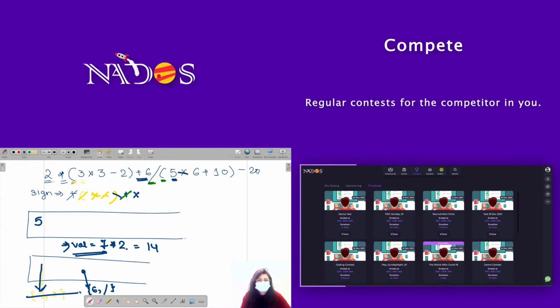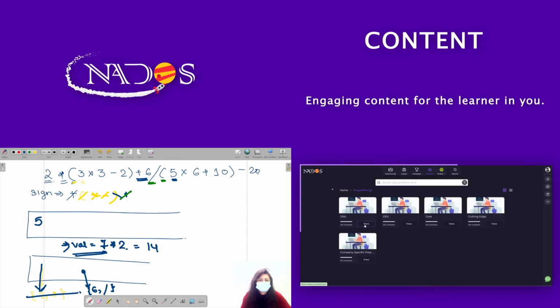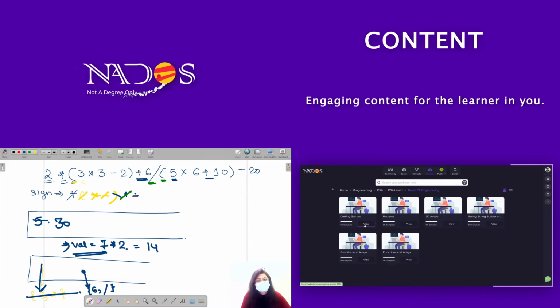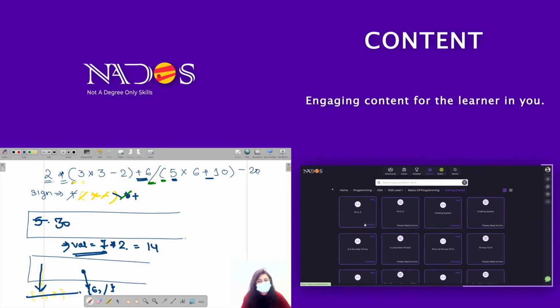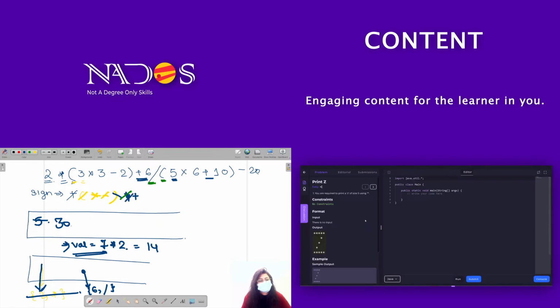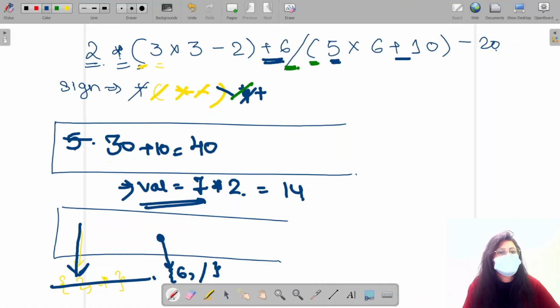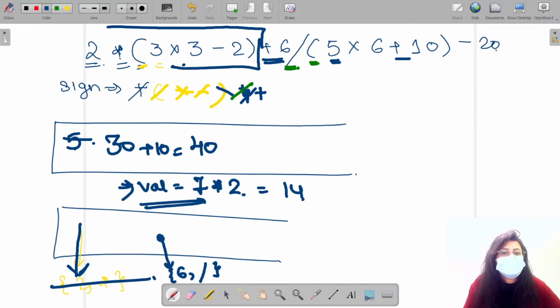Right? So 5 multiplied by 6 is 30. Right? So 30. Then we have plus. Then we have 2 plus 10, which should be equal to 40. Right? This one is solved. Right? Then we have this one 40.